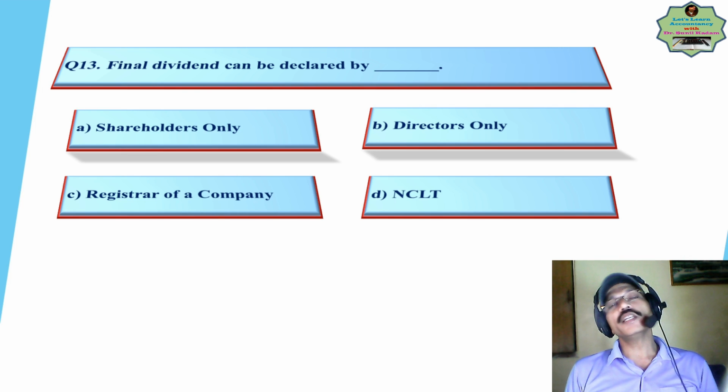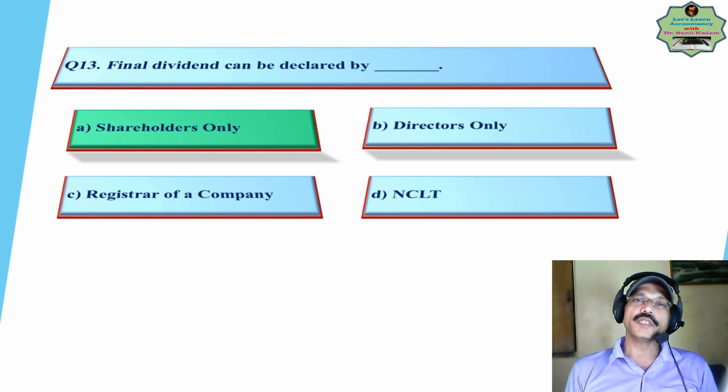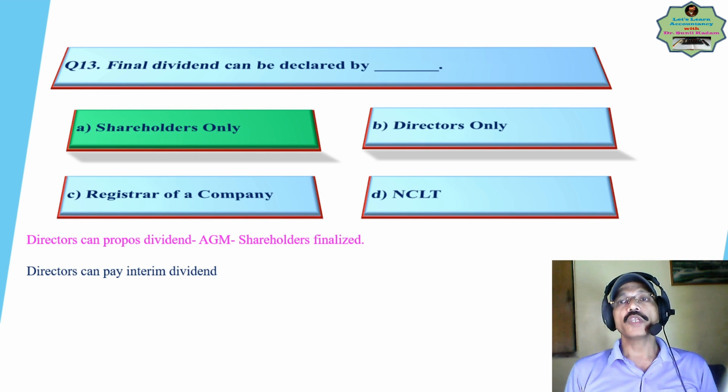So indirectly, who has given the dividend finally? It is given by shareholders only, because directors can propose it, but the authority to give the final dividend is with the shareholders. That's why the correct answer is shareholders. Directors can propose it. The interim dividend can be given by your directors.